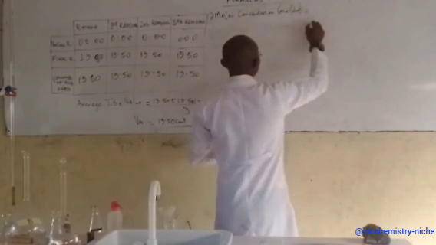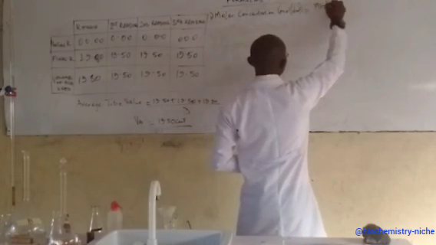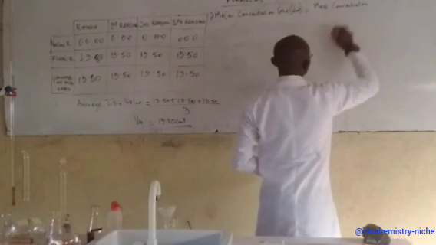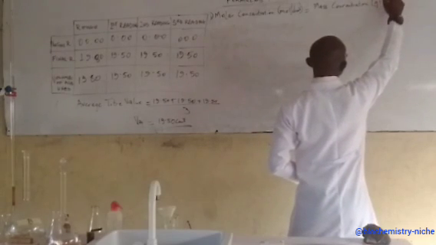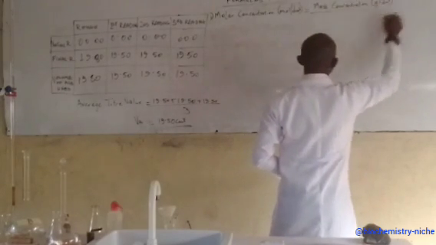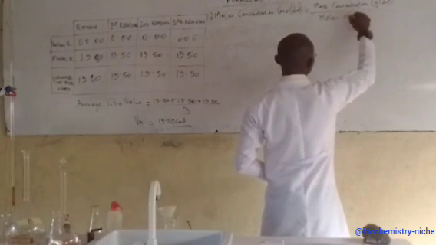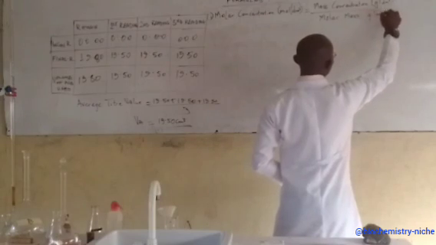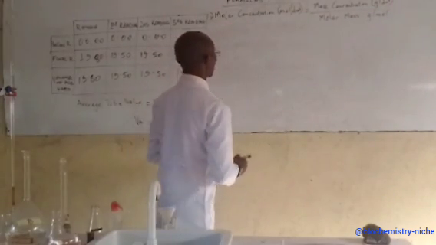And we have the formula to look like this. The formula for molar concentration is mass concentration, which is in grams per dm cube, over molar mass. Molar mass is in gram per mole. That is the formula for the molar concentration.